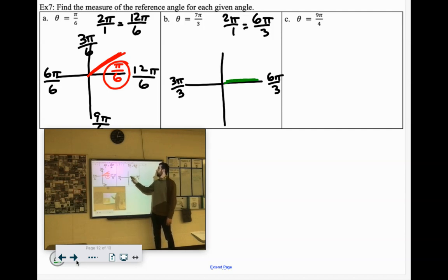But look, one full rotation would get us to 6 pi over 3, and we need just a little bit more. We need 7 pi over 3, which will end up right there.